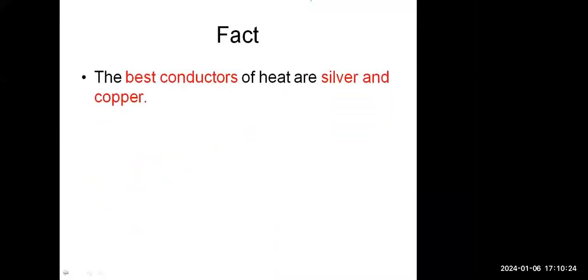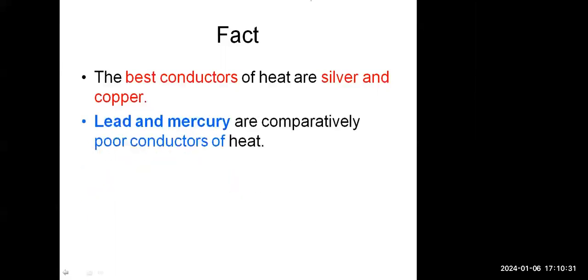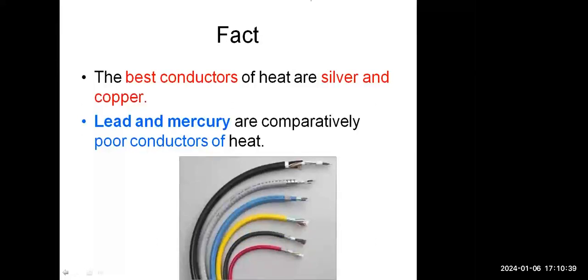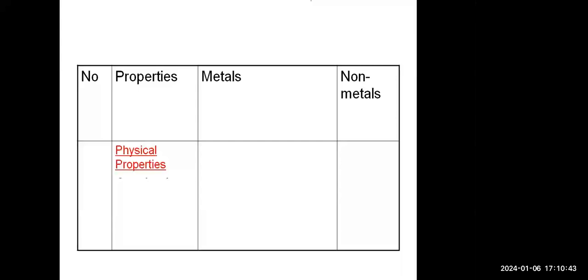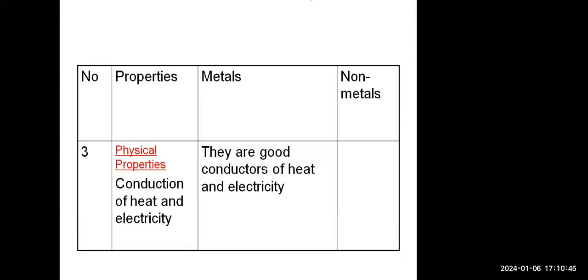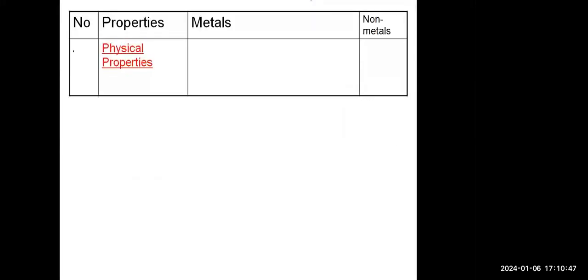The fact is that silver and copper are the best conductors of heat and even electricity. Lead and mercury are comparatively poor conductors of heat. They are not as good as silver and copper. So different metals have different conductivity. Conductors of heat and electricity, metals are.